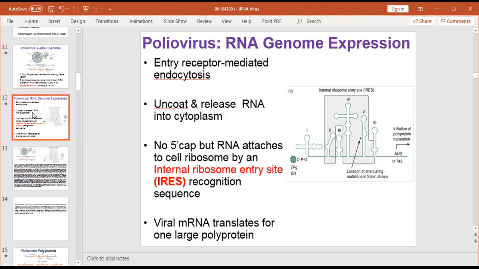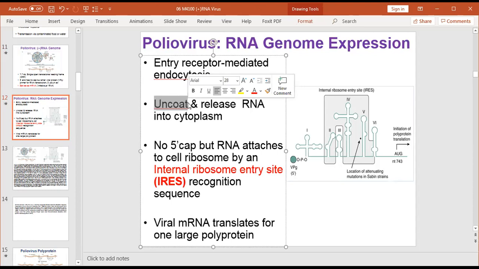Let's talk a little bit more about RNA genome expression, slide number 12. As we discussed before, poliovirus gains entry through receptor-mediated endocytosis. There would be uncoating, the separation of virus capsid and genome, and the release of RNA, or the genome of the virus, occurs in the cytoplasm.